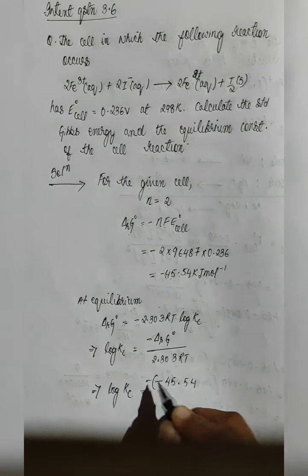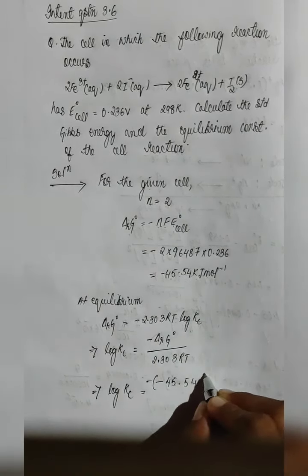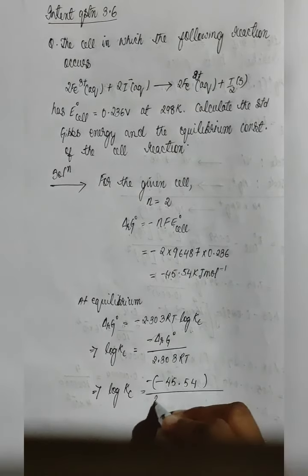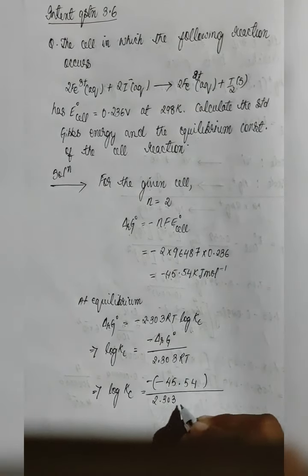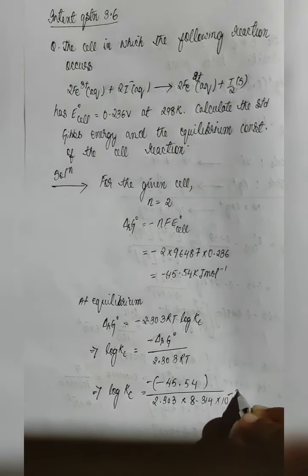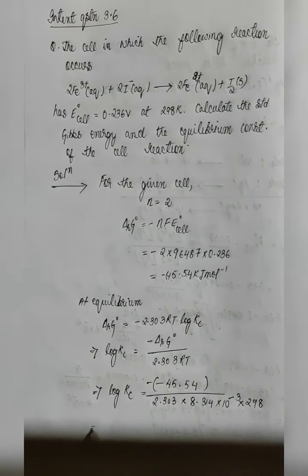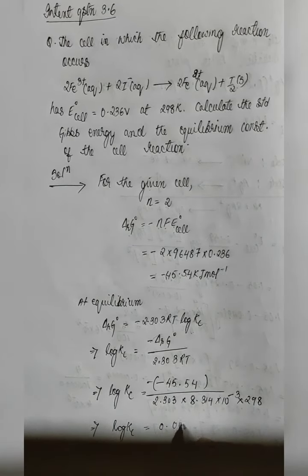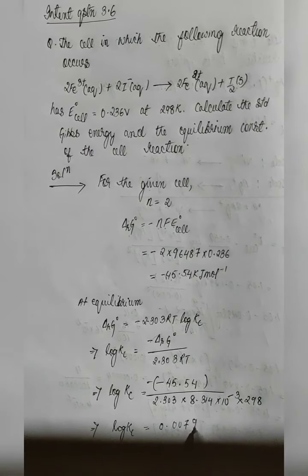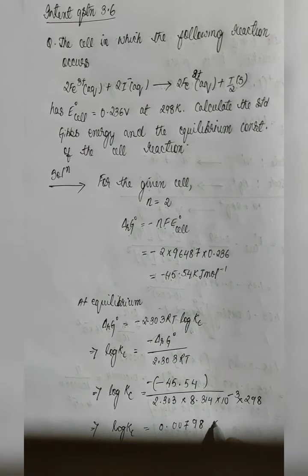So minus 2.303. Gas constant value is given as 8.314 into 10 to the power minus 3. Temperature is given as 298 Kelvin. So from this, upon calculation, you will get 0.00798 into 10 to the power 3.